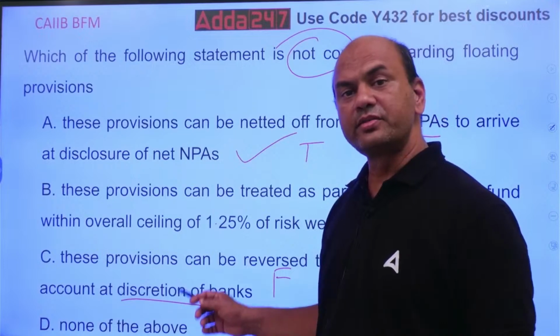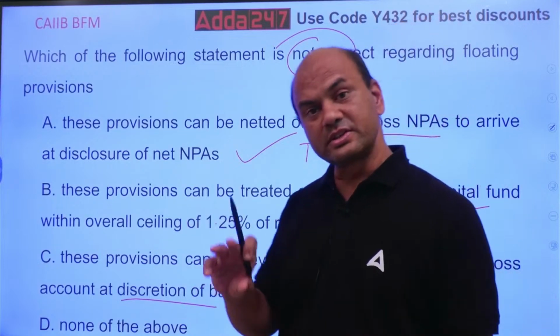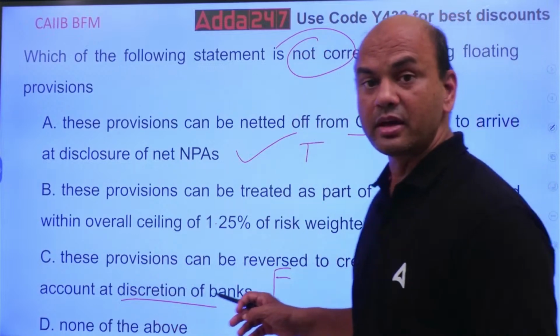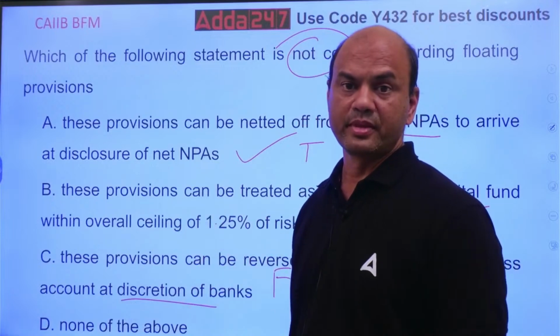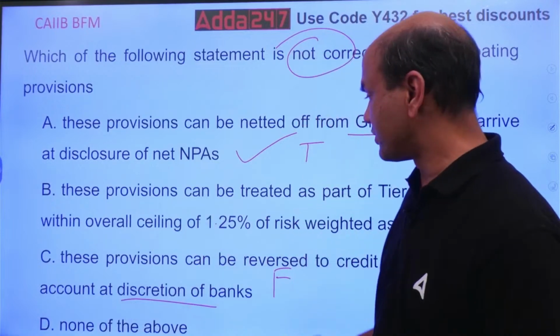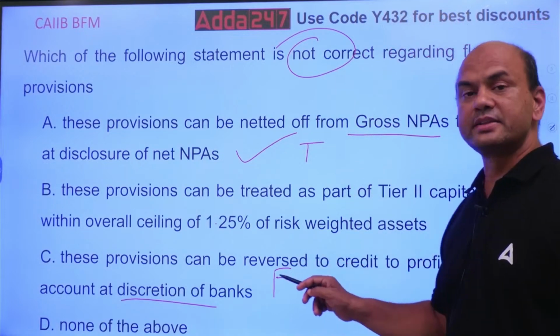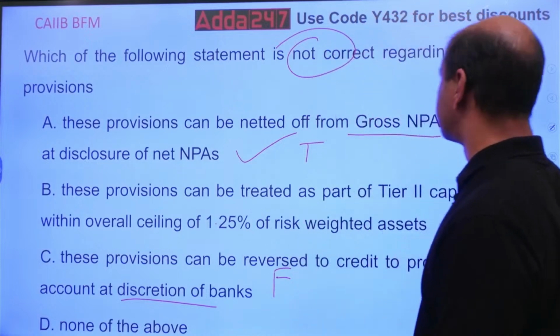If these provisions are in excess, then you can reverse them, but not to Tier 1 capital; it can be reversed to Tier 2 capital. So the answer, which one is not correct, is: at the discretion of the bank is wrong. Okay. Next.